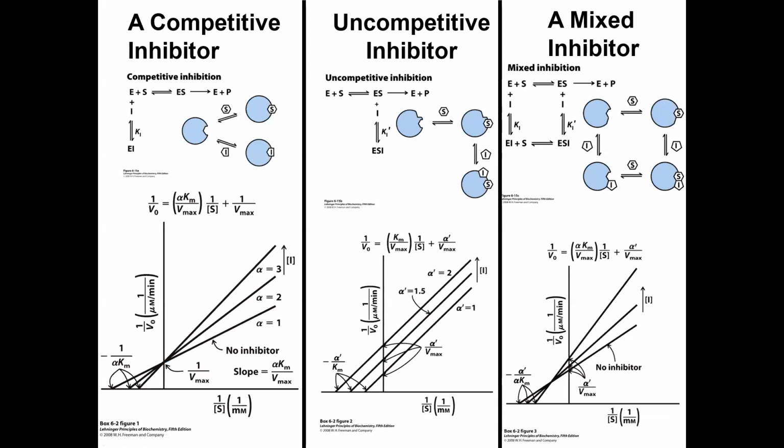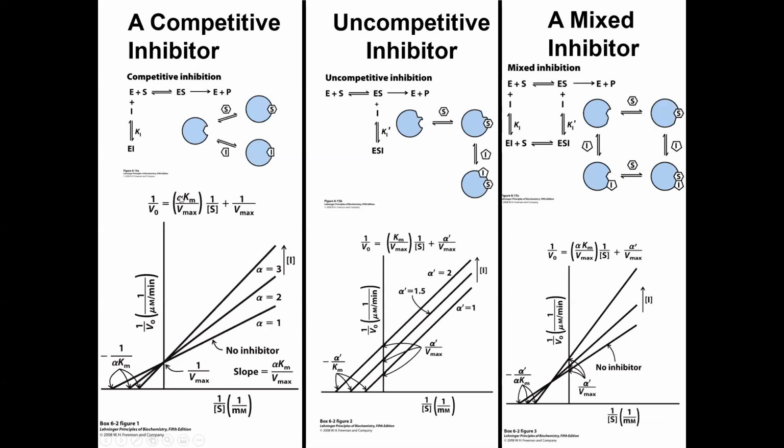If that's what you see, you know that you have a competitive inhibitor. Why? Because Vmax remains constant whether you have the inhibitor or not, but your slope changes. That is what happens in the case of a competitive inhibitor. Slope changes by a factor of alpha.